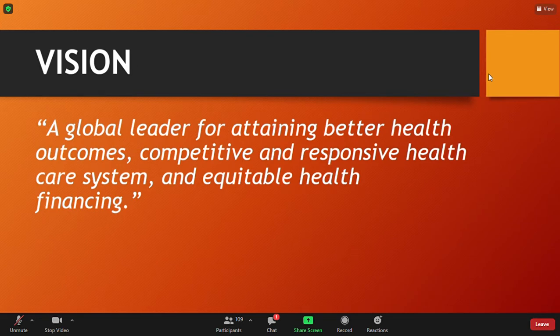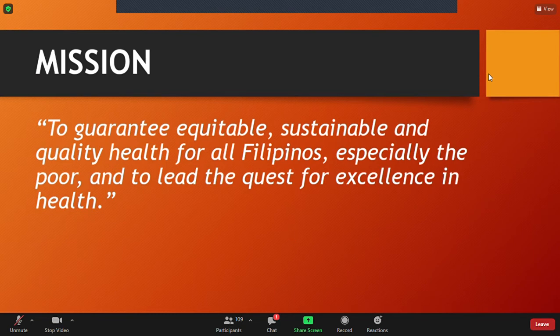Okay? Sige. So let's go to the mission of the Department of Health. What is the mission of the Department of Health? Our mission is to guarantee equitable, sustainable, and quality health for all Filipinos, especially the poor, and to lead the quest for excellence in health.